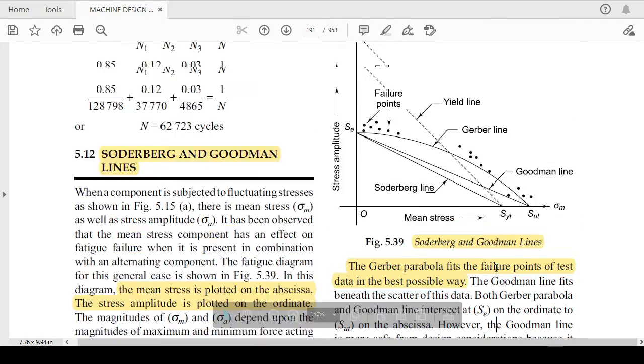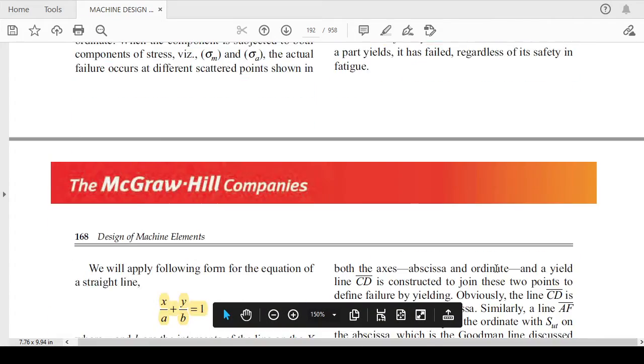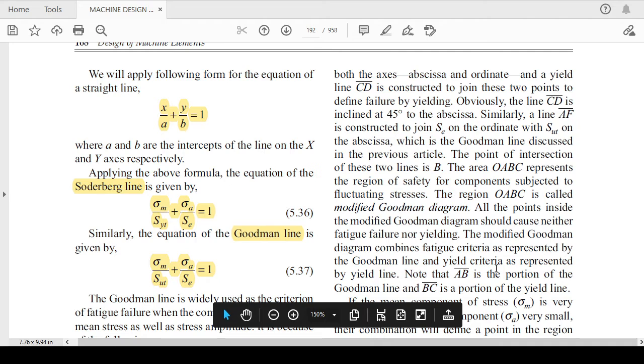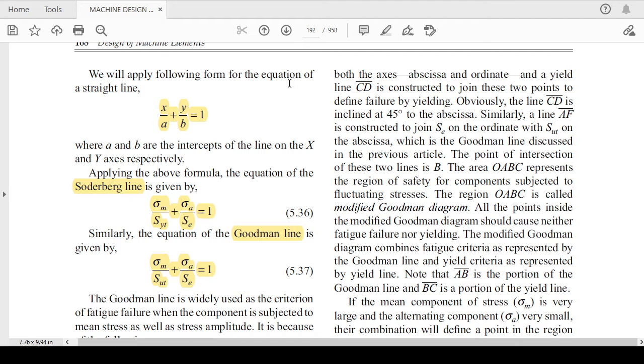Let's see how we can calculate the equations of these lines and the parabola. We apply the equation of a straight line: x/a + y/b = 1. Keep this picture in your mind so that you can correlate.